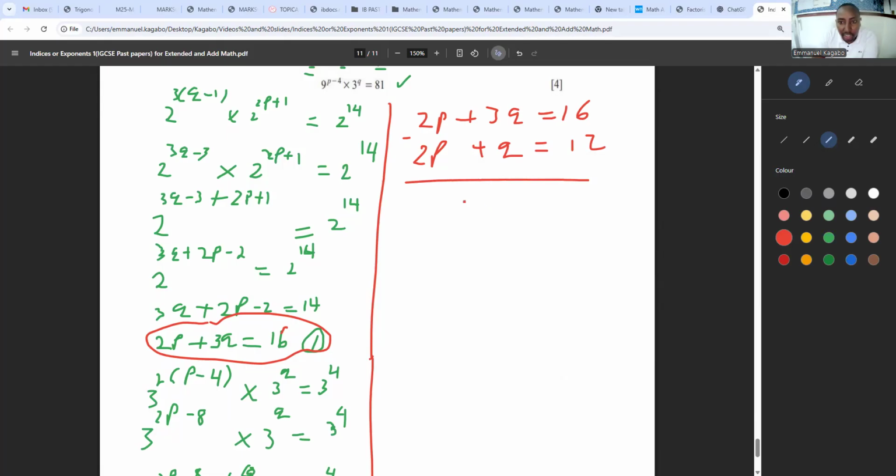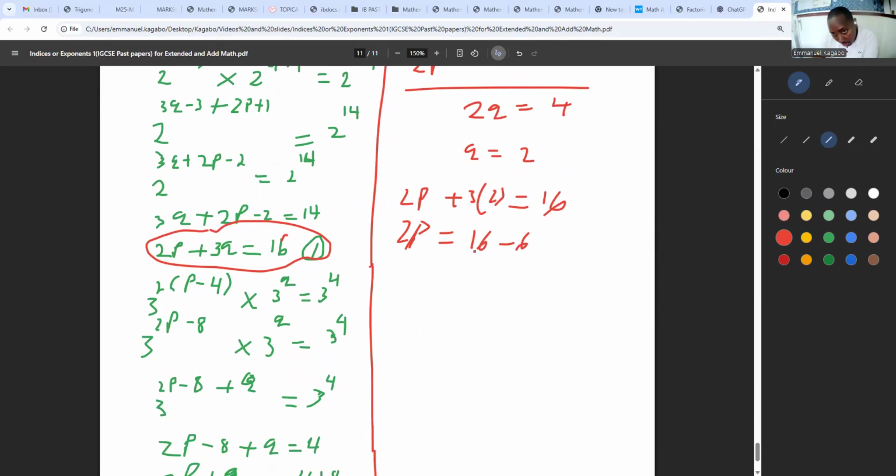It's very easy here. So I'll get 2q equals to 4, right? Because I'm subtracting. So I'll get q as positive 2, right? Because I'm getting 4 divided by 2. Now, if q is that, what about p? Substitute in the first equation. So it's going to be 2p plus 3 bracket 2 equals to 16. 2p equals to 16 minus 6.